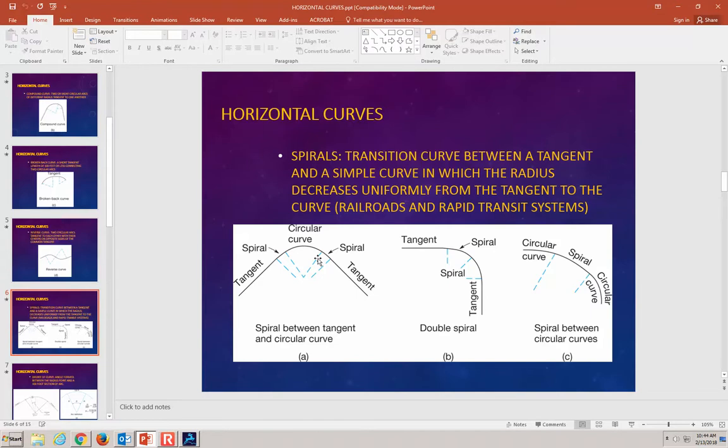The spiral is your transition. You'll also see them on highways. Most highways nowadays have spiral curves to make a smooth transition into the actual circular curve.